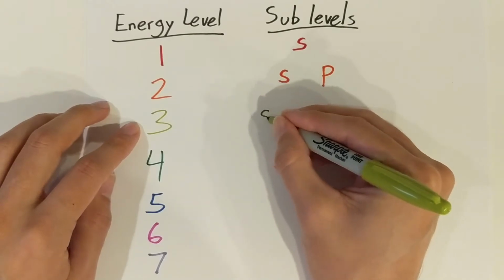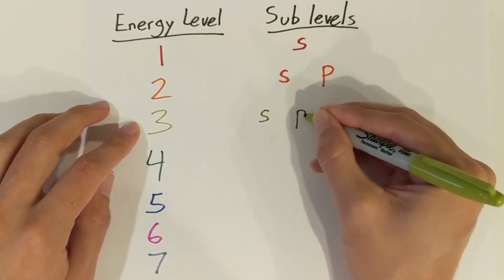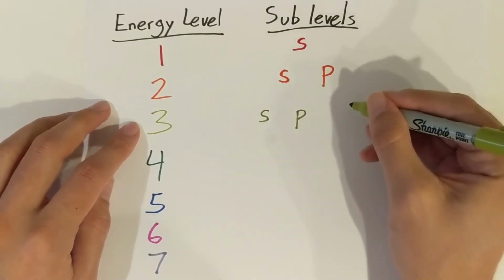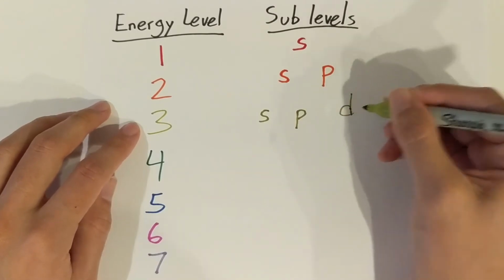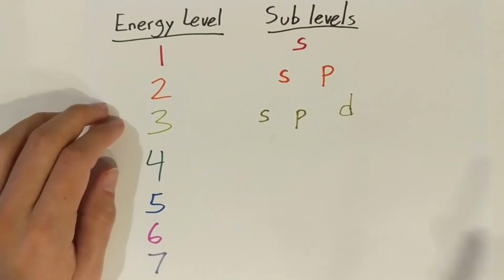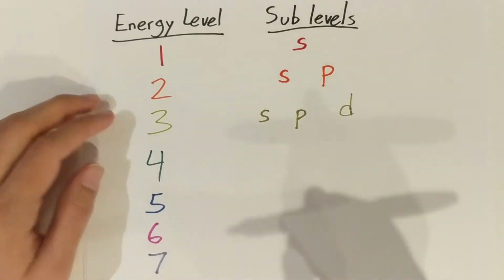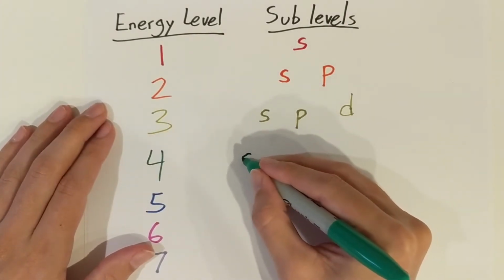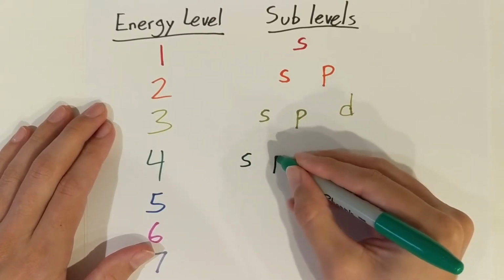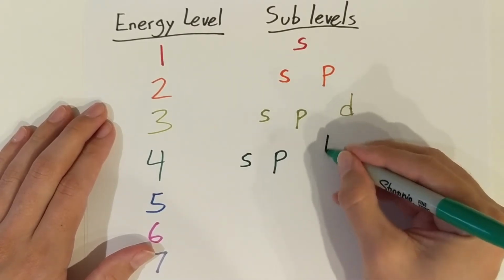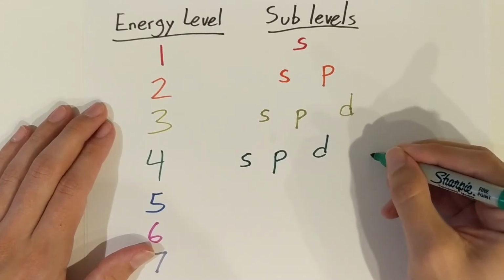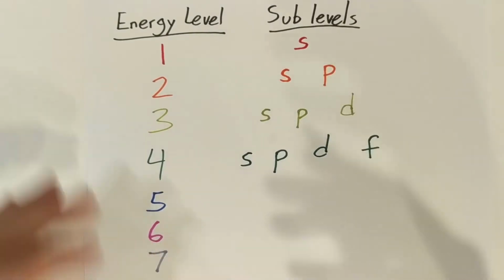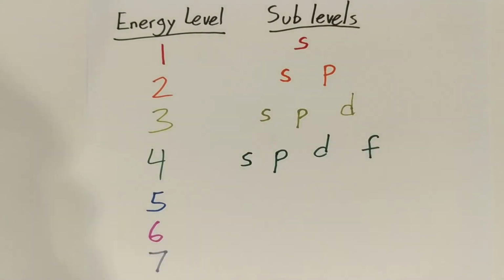We're going to have P. And now we're going to have D sublevels. And energy level 4, you can imagine, is broken into 4 sublevels. So we still got S. We still got P. We got D. And we got F. And the good news is that's all we got to remember. So it's going to continue like that for the rest.